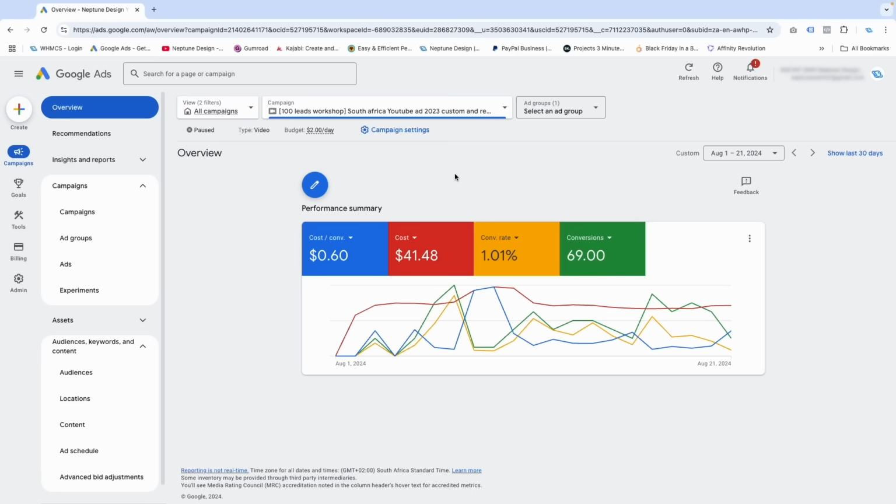All right, so now for the second example. Over here, as you can see, I've got a lot of conversions. I've got 69 conversions over 21 days, and I've also got a good cost per conversion. So now there's enough data for the AI to actually learn from and figure out who are the types of people that convert on my page the most often.